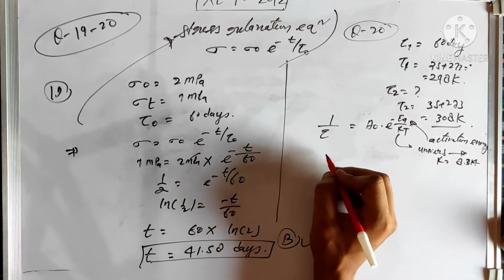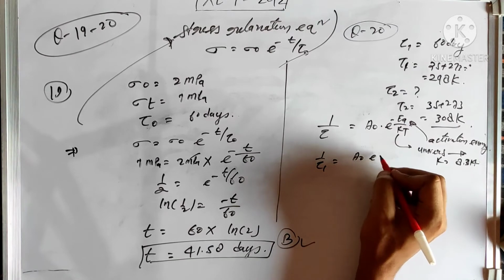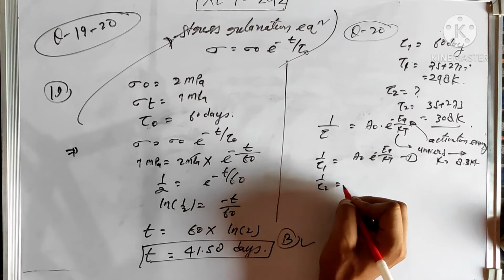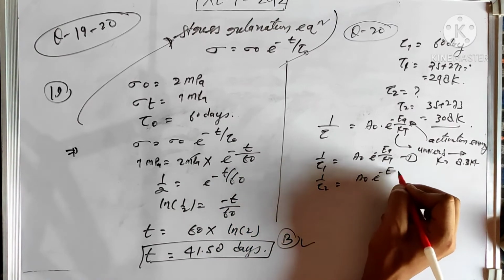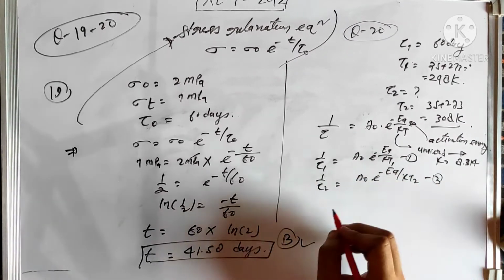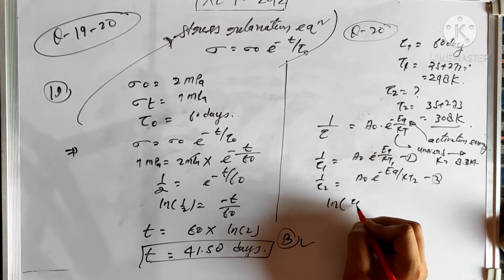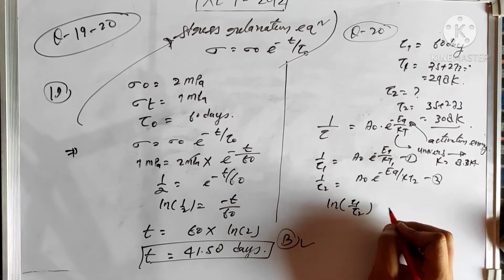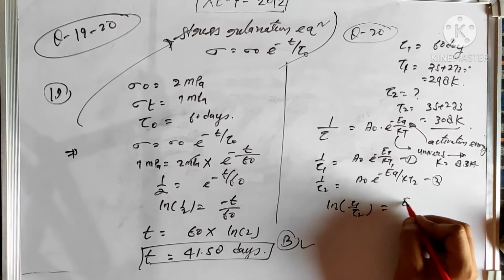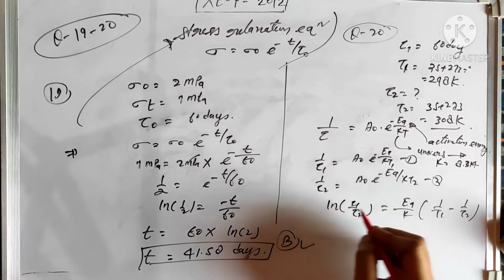Now, taking the ratio: 1 upon tau 1 is equal to A naught into e power minus EA upon RT1, equation 1, and 1 upon tau 2 is equal to A naught into e power minus EA upon RT2. Taking the ratio of equations 1 and 2, you get ln of 1 upon tau 1 upon 1 upon tau 2 is equal to EA upon R into 1 upon T1 minus 1 upon T2.